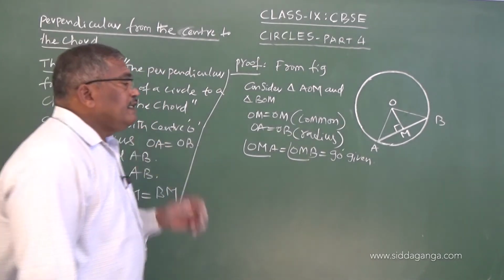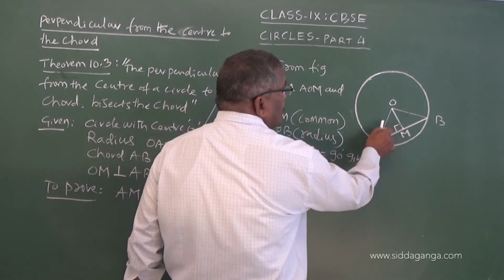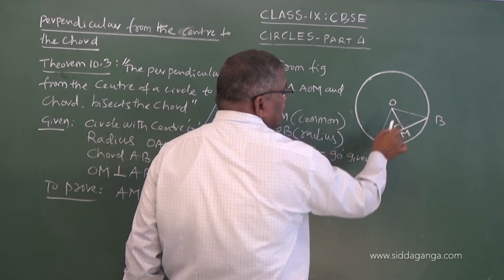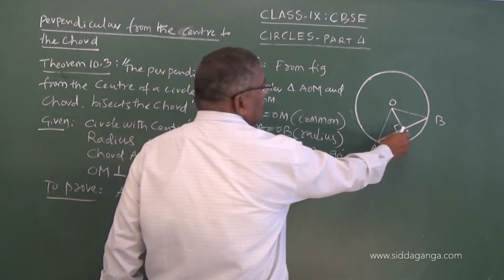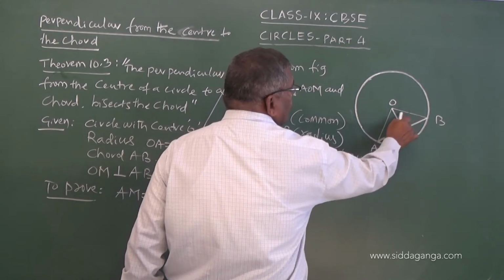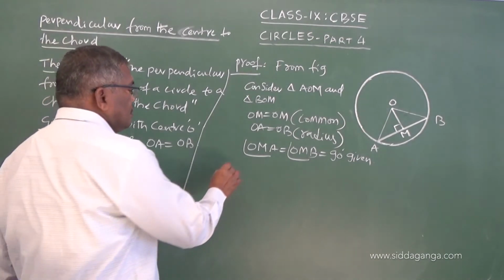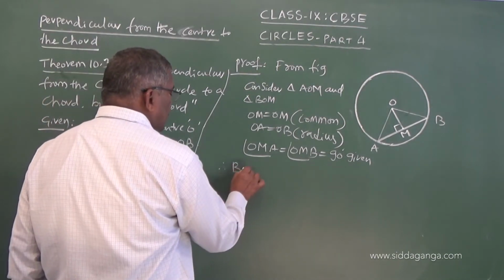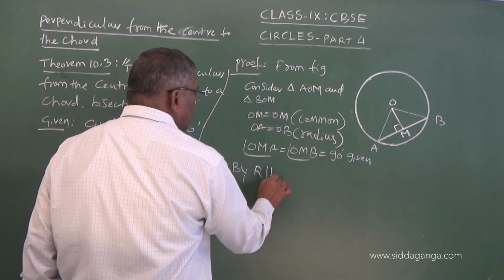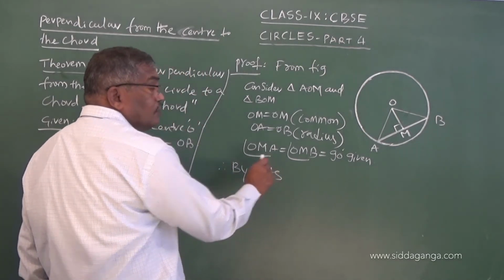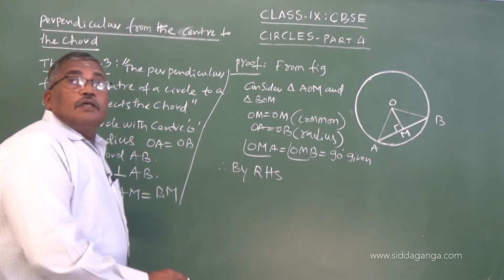Now you observe, this is 90 degree, therefore it is hypotenuse, and OM is one side. So here this is 90 degree, hypotenuse, and OM is another side. Therefore by RHS congruence, right angle, hypotenuse, side congruence.